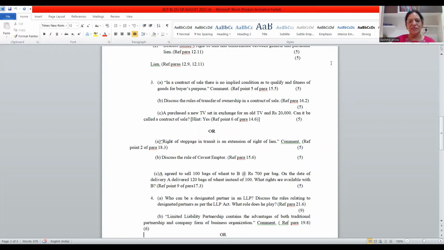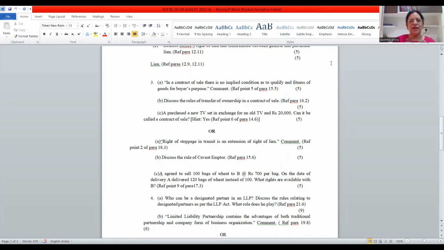Once the right of lien is over, it is not available to him, there comes a second right, which is known as right of stoppage of goods in transit. That is why we say the right of stoppage of goods in transit is an extension of right of lien. You can explain this with the help of an example also.